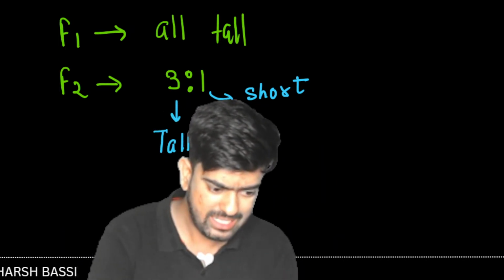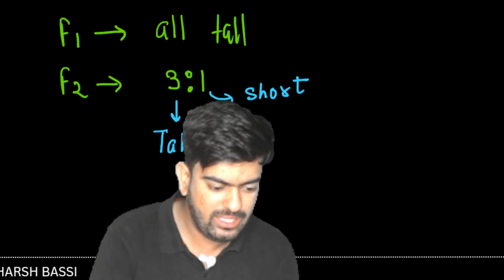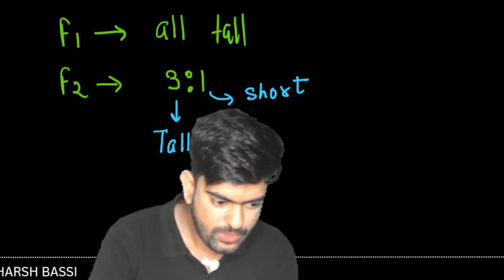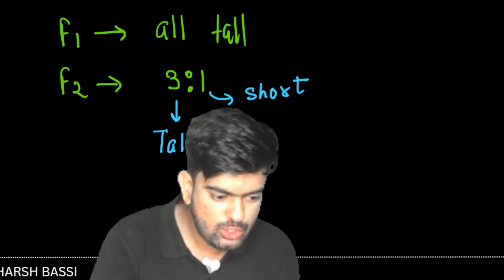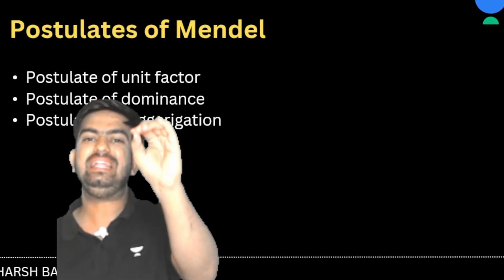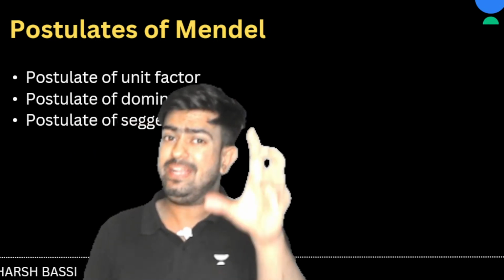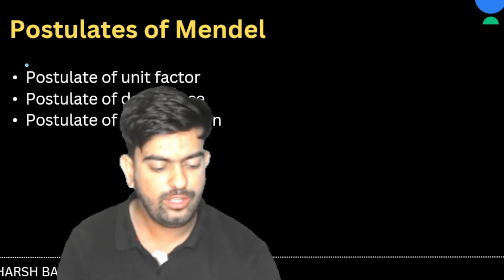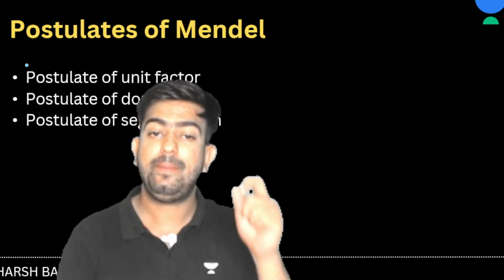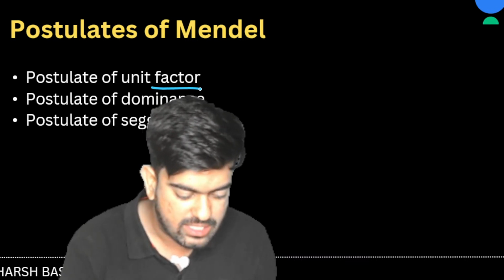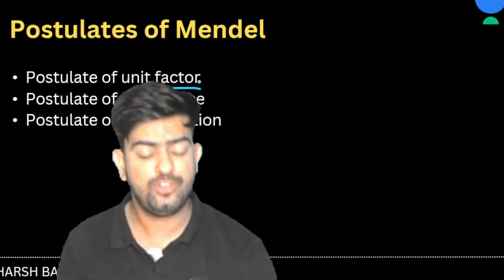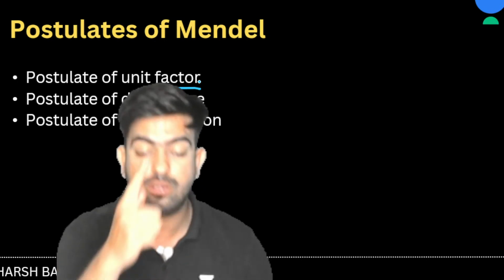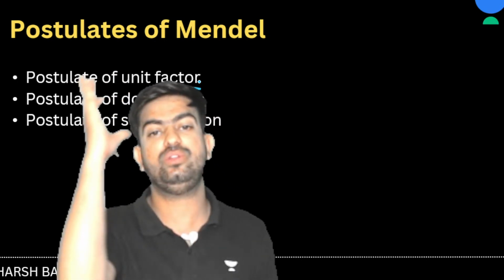Now, let us move on and complete the conclusions made by the monohybrid cross, right? So there are postulates which Mendel gave according to this monohybrid cross. What were they? The first is the postulate of unit factor. What was unit factor?